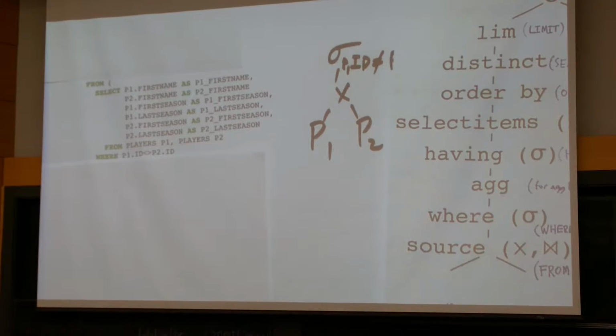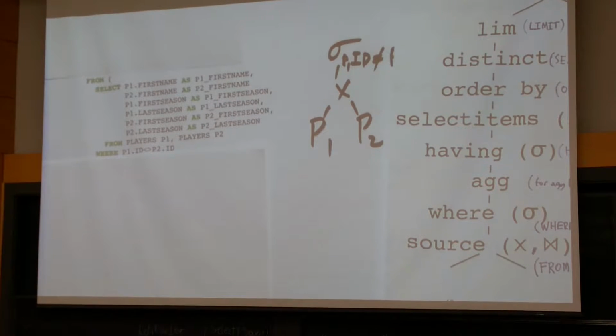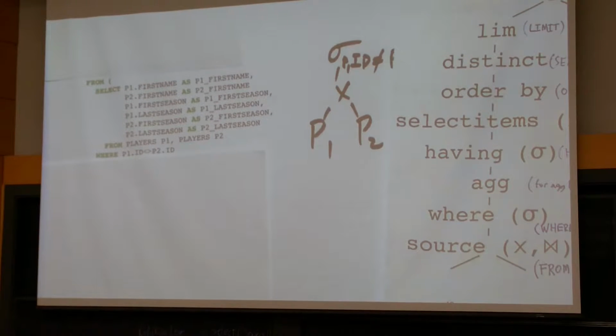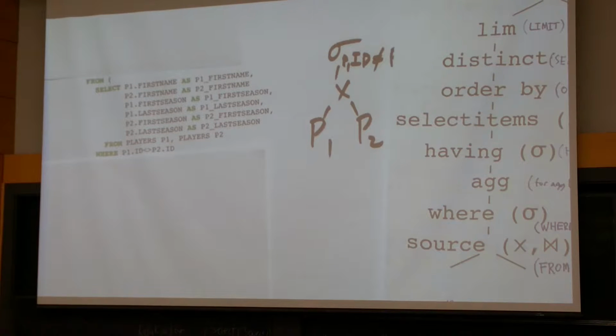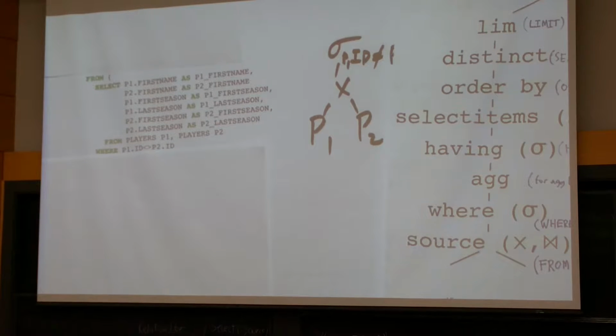Are there two different tables identically named players? Yep. Oh, no, sorry, let me rephrase that. There is one table named players, but there's no limit on what you can put into a query. As long as it's a relation, if you want to have two copies of the same relation sitting in the same query, there's nothing to stop you from doing that.